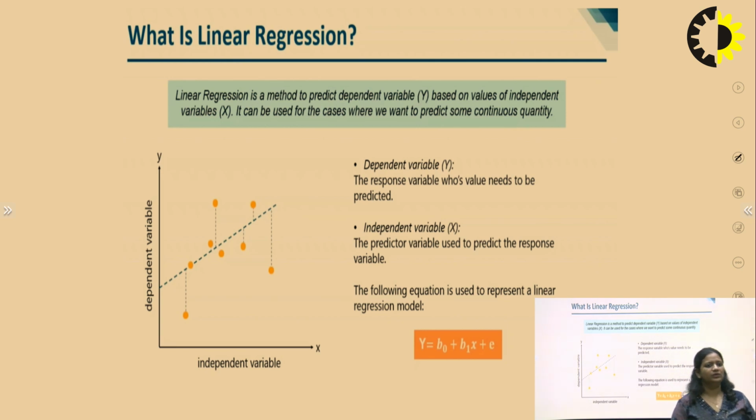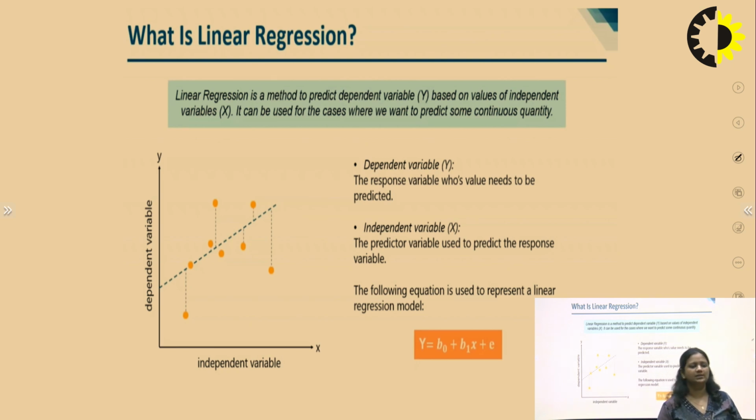So this is the equation for linear regression. As we already know, the linear regression equation is y = mx + c. You have all already studied in mathematics that the equation of a line is y = mx + c. We just modify it to y = b0 + b1x + e, nothing else.